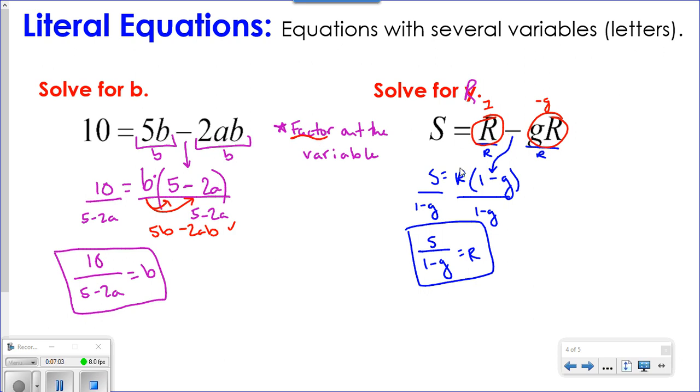So I do that, I pull out my r, I set up my parentheses, and I say, okay, r divided by r is 1, so r times 1 gets me back to r. Then gr divided by r is g, so r times negative g is negative gr. And again, we have that multiplication problem, r times the quantity 1 minus g. So I divide both sides by 1 minus g, and I get s over 1 minus g for the value of r.